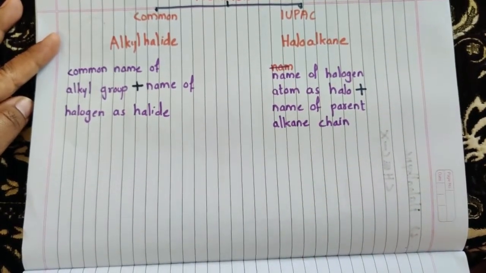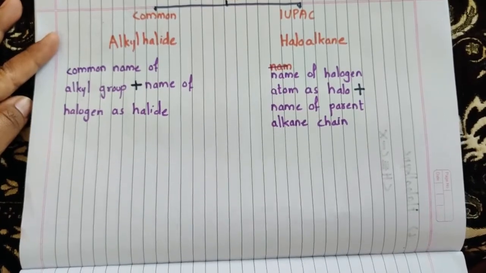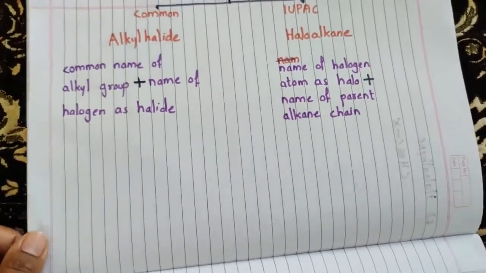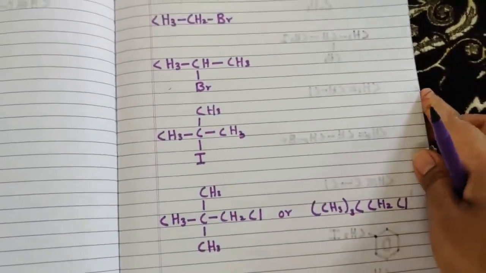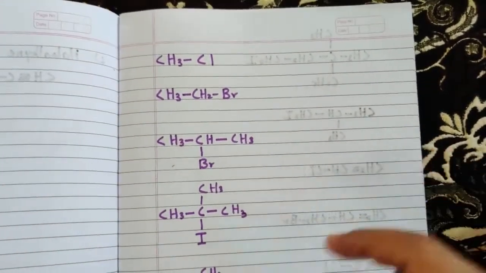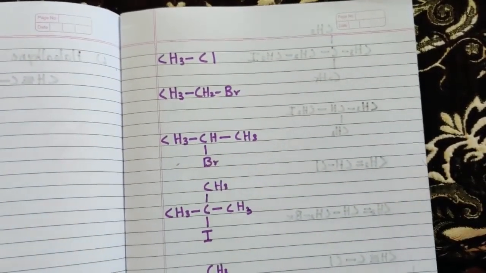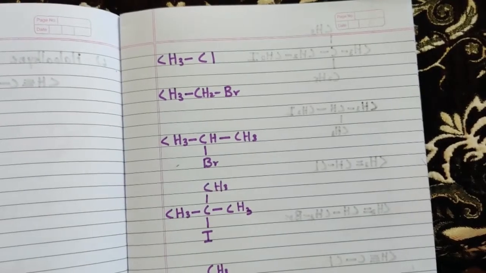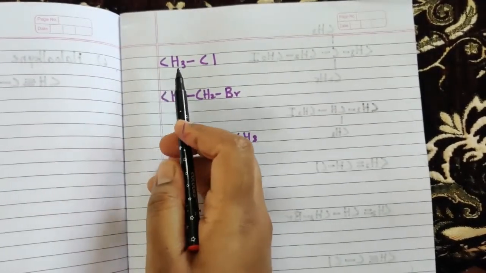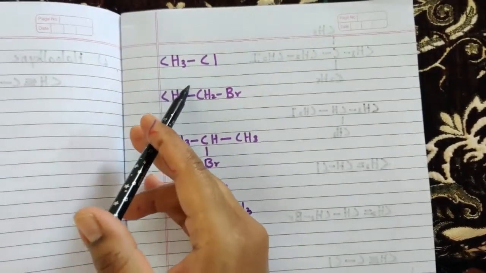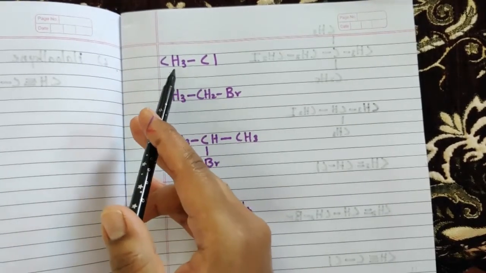Now we will make it more clear by looking at the examples. I have written some examples here and we'll write down their common as well as IUPAC name. We always begin with the simple things. The first example here is an example of alkyl halide where a halogen is added to a carbon.